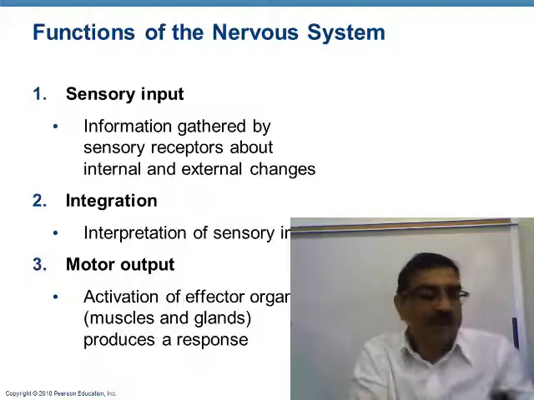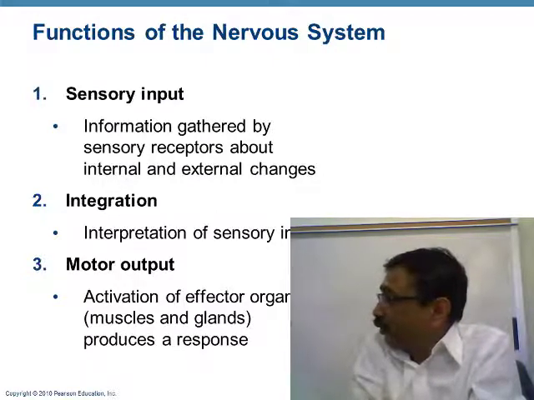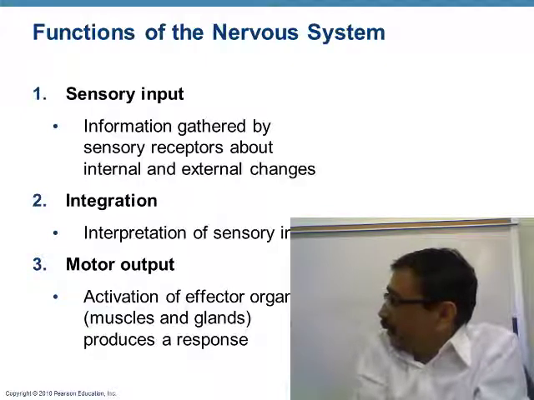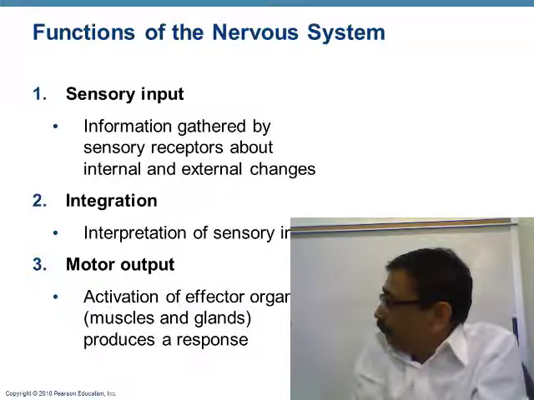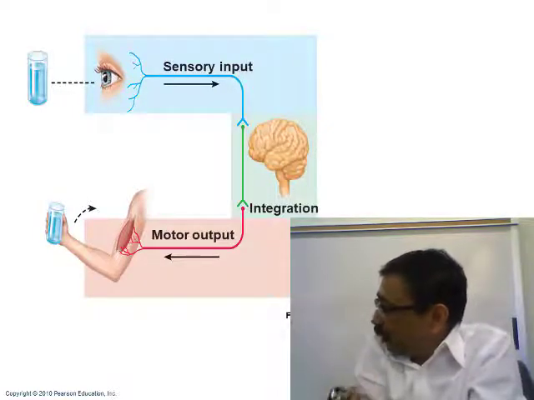I can give you many examples, but I believe those two give a clear idea. So here you see the blue part is the sensory input from, in this case, the retinal receptor, the visual receptor, to the brain, and then integration in the brain, the green, and then motor output is the red part to the muscle.